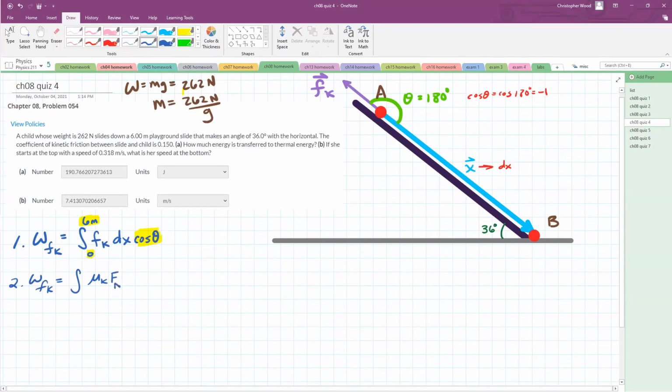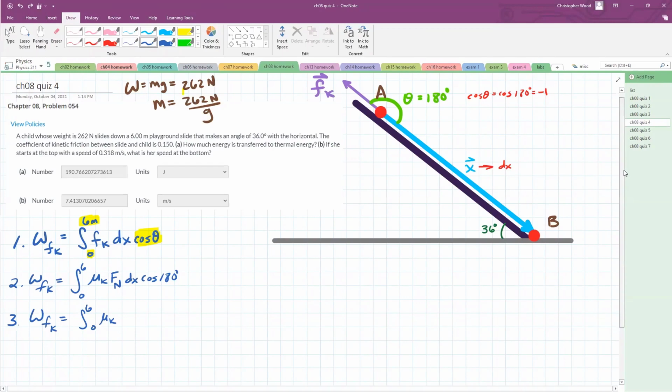It's not sitting there on flat ground. Dx, cosine of 180 degrees, from 0 to 6. Okay. Number 3. The work done by kinetic friction, keep going, mu sub k m, I don't know what the normal force is.